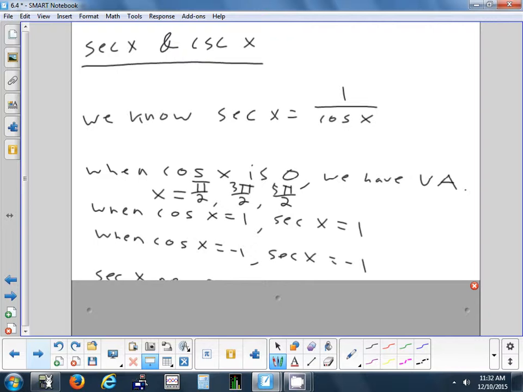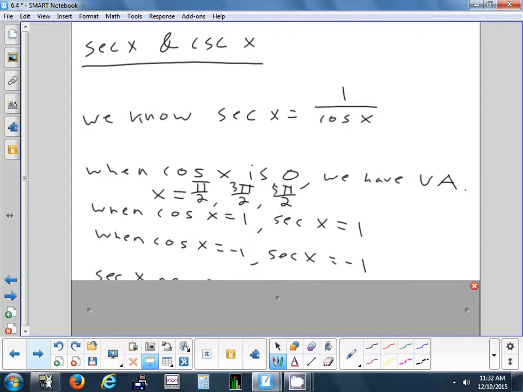What's cosine always between? When we graph cosine, what's the range? 1 to -1. So you're always taking 1 and dividing it by numbers between -1 and 1.